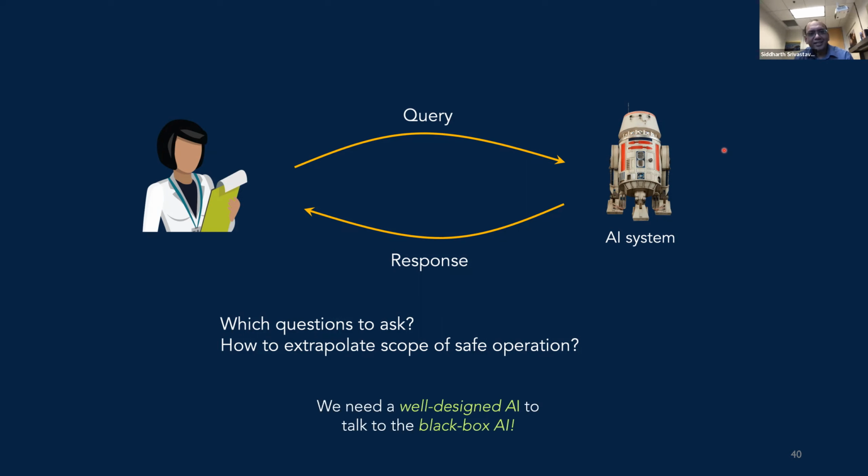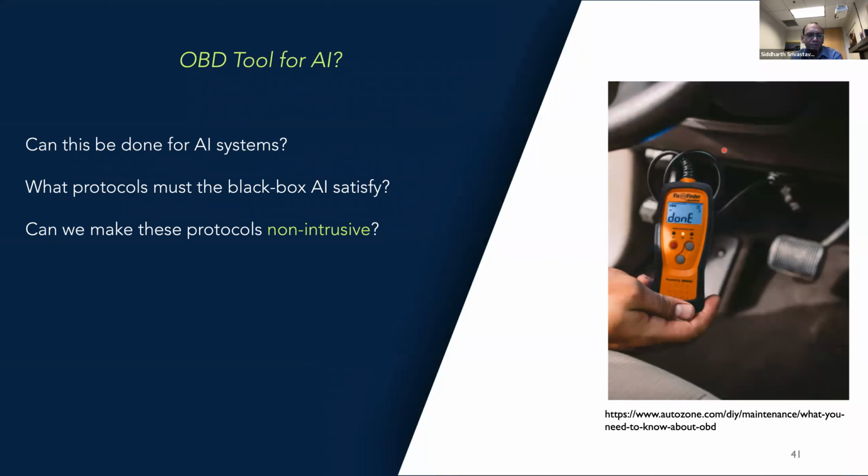So what we need in this kind of situation is a well-designed AI that can talk on behalf of the user to the AI system. And this is very much like what we see in automobiles today. So you have something called the onboard diagnostics tool. And this is a system that can plug into your car and quickly give you a summary of what's going on with the car.